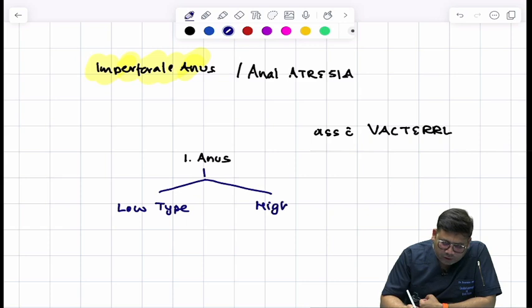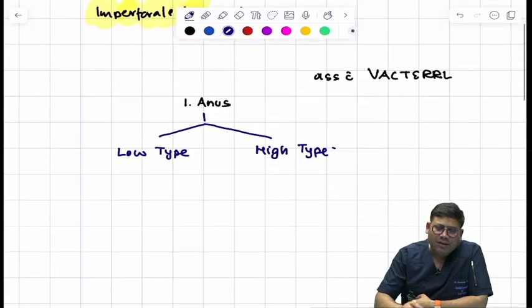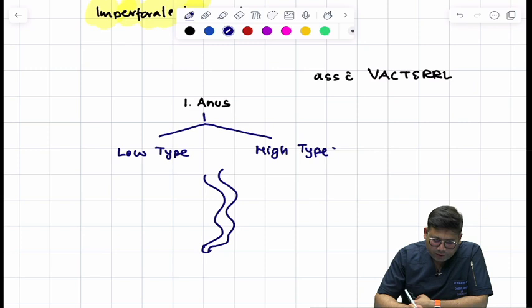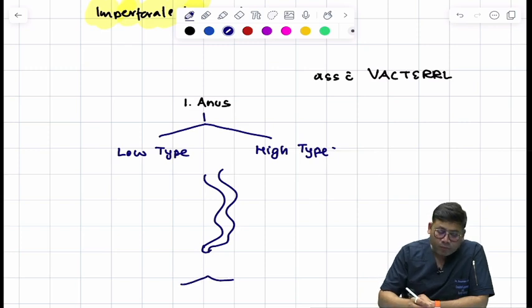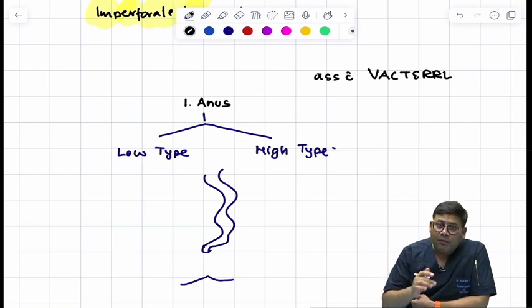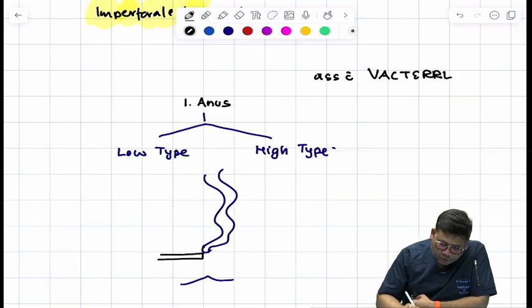So, what do you mean by low type or a high type? Try to understand. If we see the normal anatomy, this is the rectum, and this rectum will continue and reach the anus. Do you know that there is something which is known as the pelvic floor, and who is making the pelvic floor? It is the levator ani.